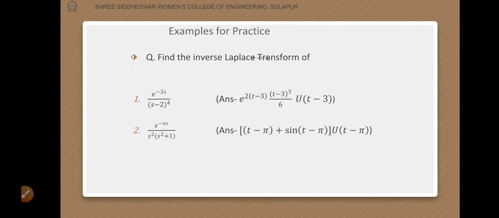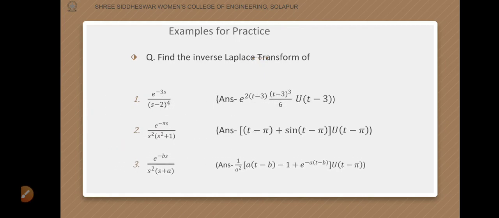The second example can be solved using the method of partial fractions, as here f bar of s is equal to 1 upon s square into s square plus 1, or you can find the inverse LT of this f bar of s using the convolution theorem method also. So in any case, using any method, you will get the same answer.